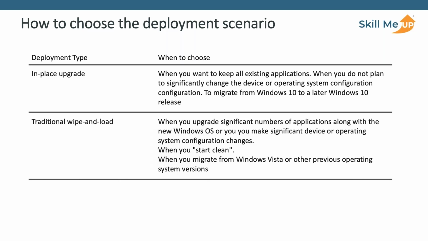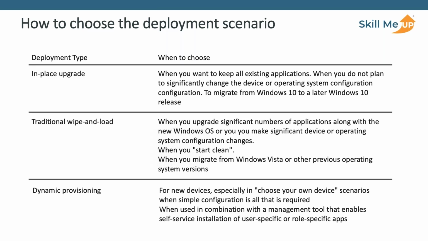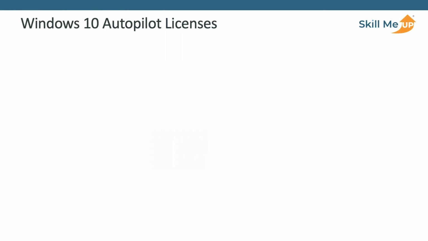The standard one has always been traditional wipe and load. I'm sure you guys have done this before, where you are literally going through and saying start clean, and we just wipe the devices. And then, of course, we have what's called dynamic provisioning. So for new devices, especially with the choose your own device scenario, simple configurations, and you can utilize management tools and then self-service installation. So this kind of brings us into Windows 10 Autopilot.